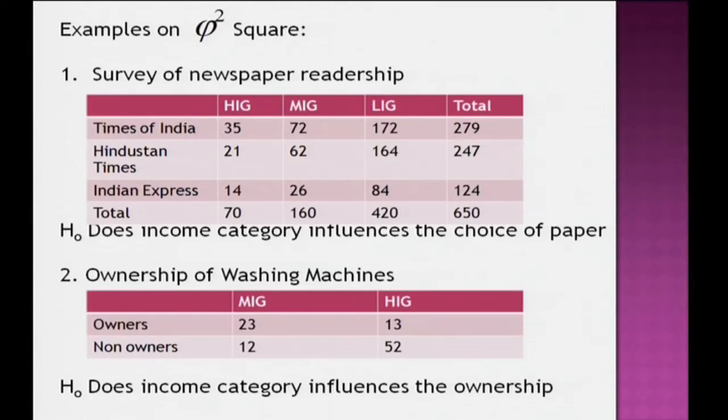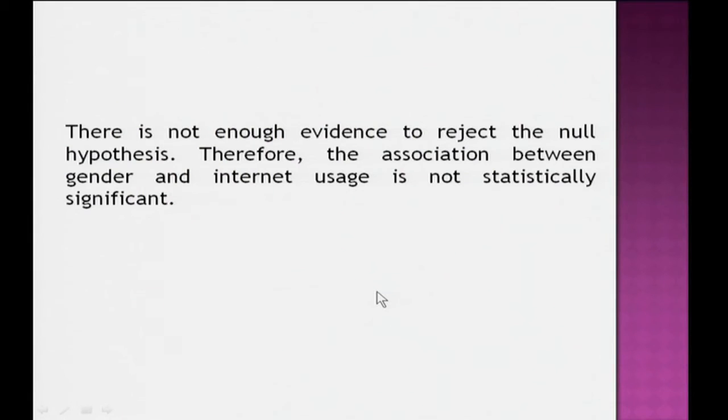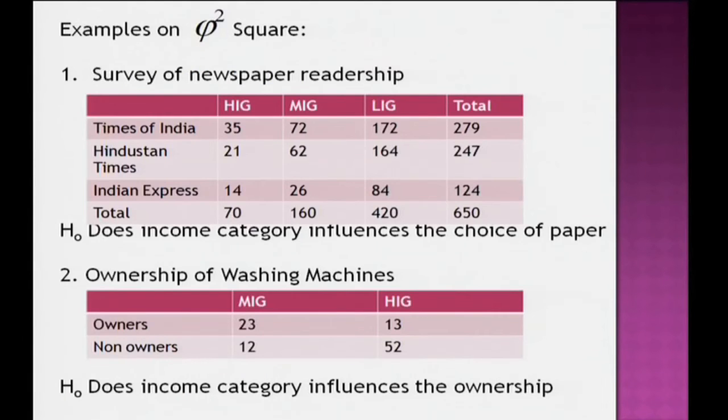We have a survey of newspaper readership. There are different categories of people staying in HIG, MIG, LIG flats, and which newspaper do they read: Times of India, Hindustan Times, Indian Express. This data is of 650 people, 3 categories of residency and 3 categories of newspapers were studied.